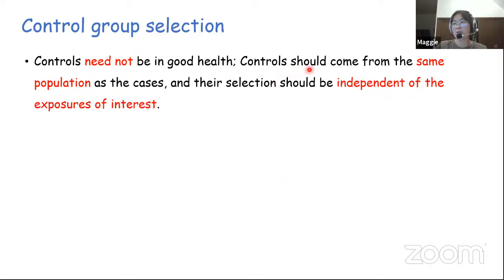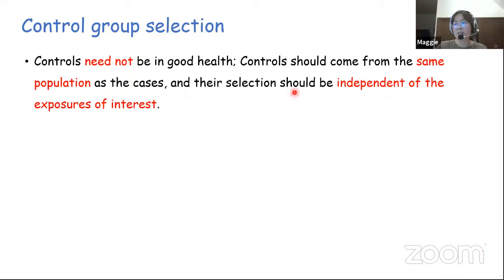And also, controls should come from the same population as the cases. For example, if the lung cancer patients are Russian, then the non-patient group should be Russian too. If the patients are Chinese, then the non-patient group should be Chinese too. The controls should come from the same population as the cases.